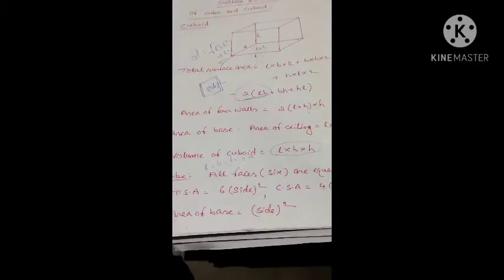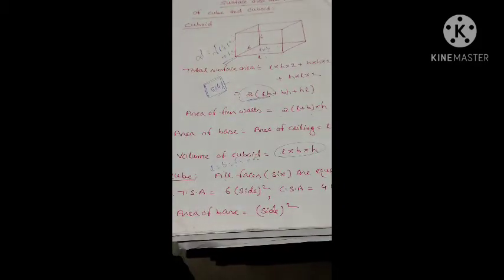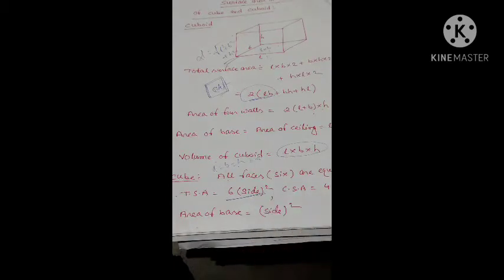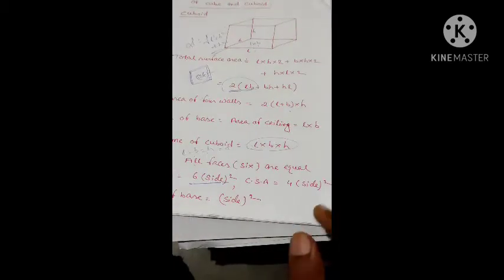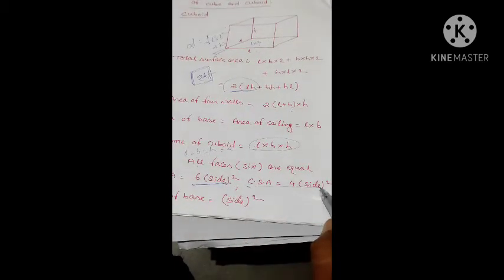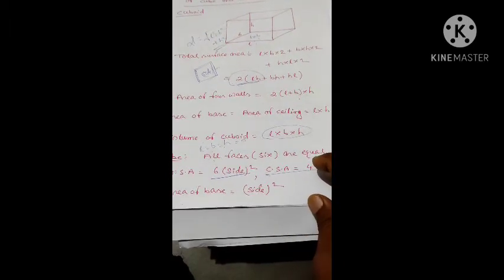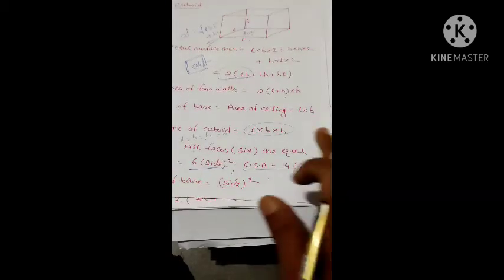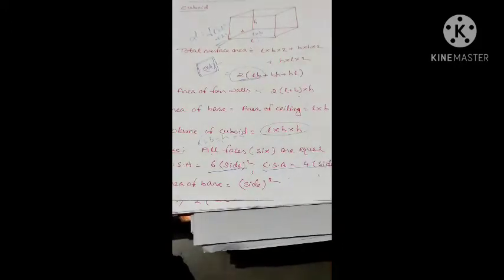What will be the total surface area of a cube? 6 into side square. And if we want to find the curved surface area, that is the area of 4 walls, that will be 4 into side square. And if we want to find the volume, that will be side cube. So these are the formulas we have to remember to solve the sums related to cube and cuboid.